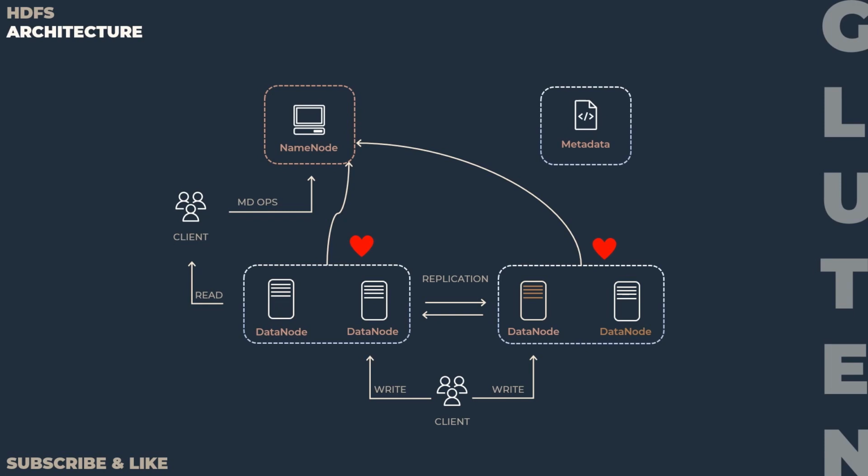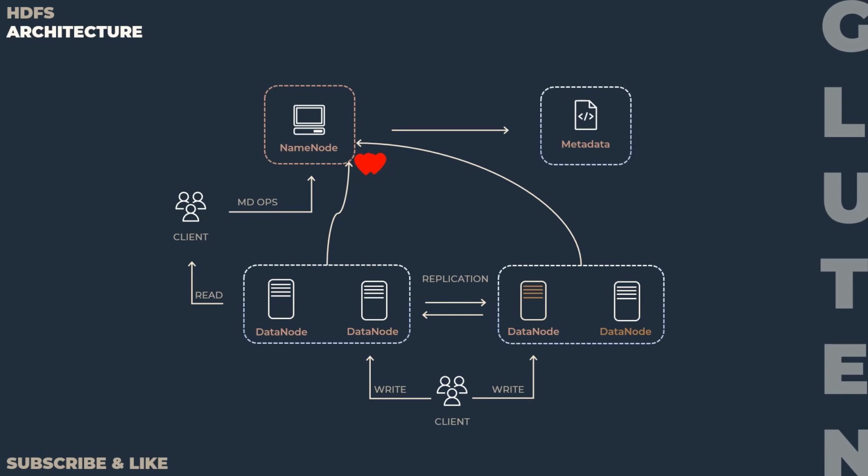First, the data nodes in the HDFS cluster send heartbeats periodically to the name node to indicate that they are active. Second, the name node processes these heartbeats, using them to keep track of the health and the status of each data node in the cluster.